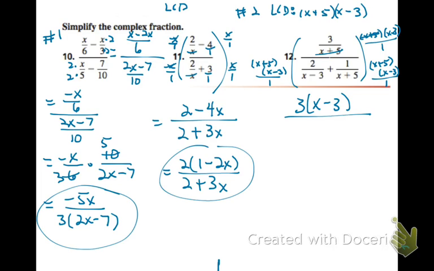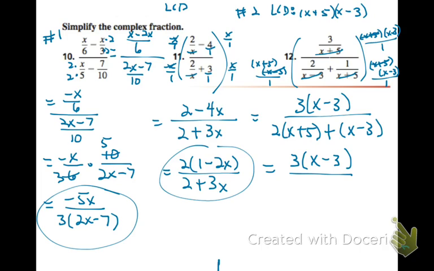In the denominator, we can divide out x minus 3, and we'll be left with 2 times x plus 5 plus, divide out our x plus 5's, x minus 3. Now the only thing left to do is a little cleanup work. I am not as of yet going to multiply my numerator together. I'm going to leave it factored. I do need to go ahead and multiply and combine my denominator and see what I get.